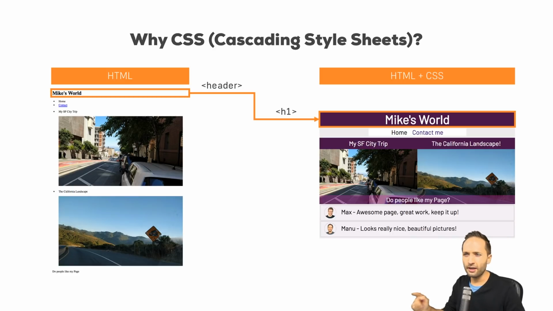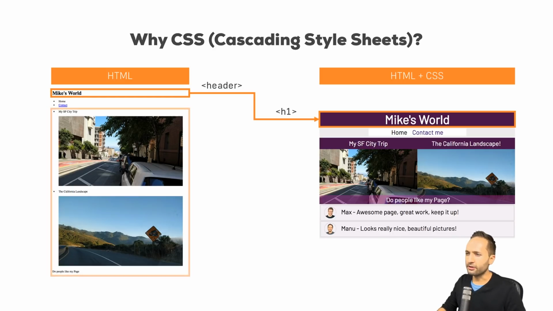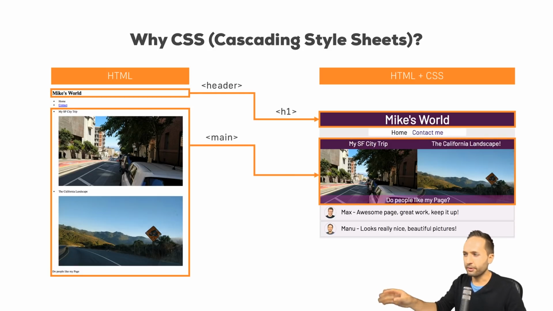That's one example. But let's have a look at another one, because right here, this part of our website, we also have different elements. And we can also find this part again in our website with the applied CSS. Now, which elements do we have right here? Well, these elements could be first the main element, because this defines the element which includes all the content in here.